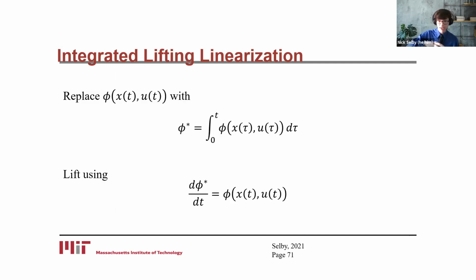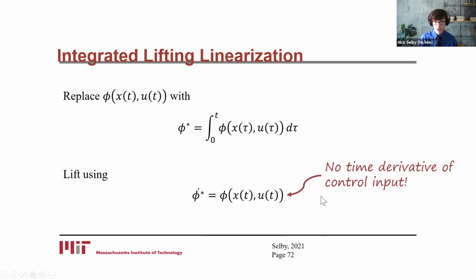More formally, for each auxiliary variable of a resistive element that is a function of control input u, I want to replace that observable with the integral of itself. And then when I go to lift the system dynamics using that variable, instead of applying the chain rule and getting a time derivative of exogenous input u, I just get back the original observable. And that way, I can lift the dynamics causally without altering the system dynamics.